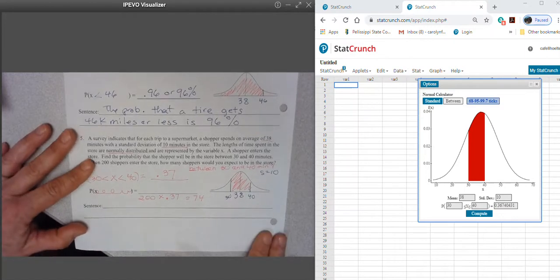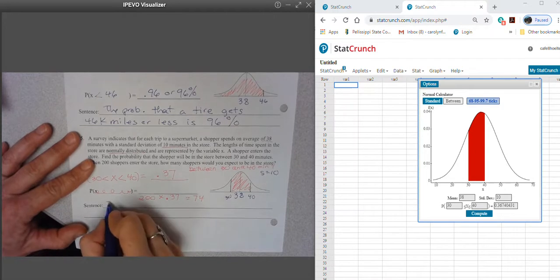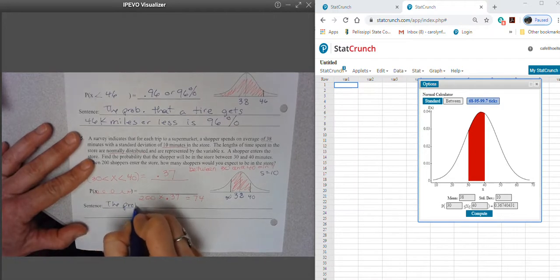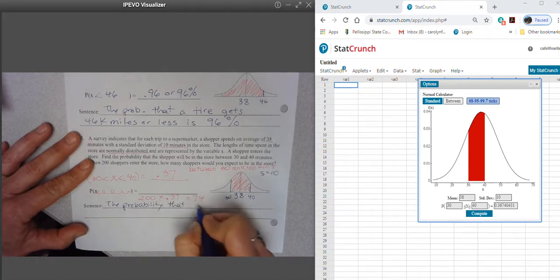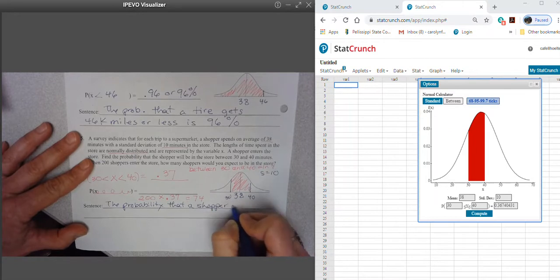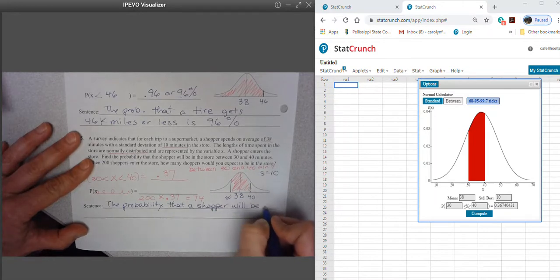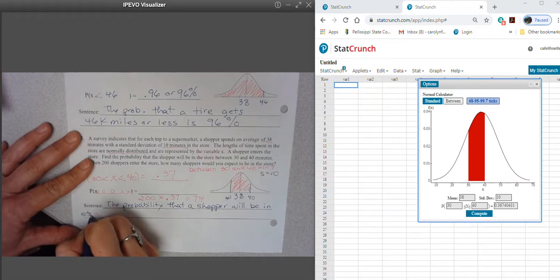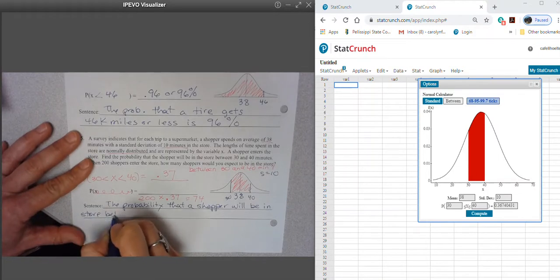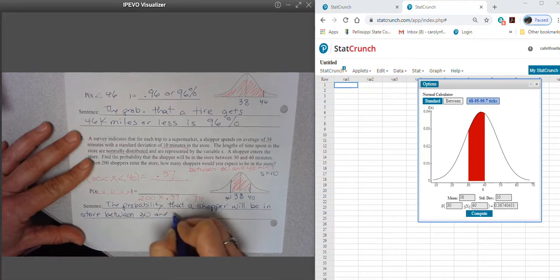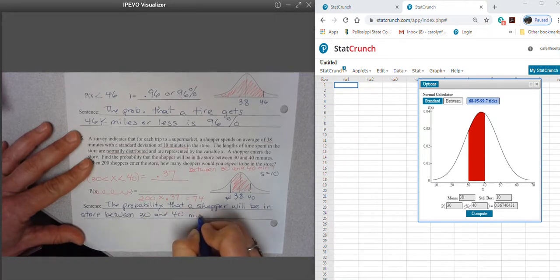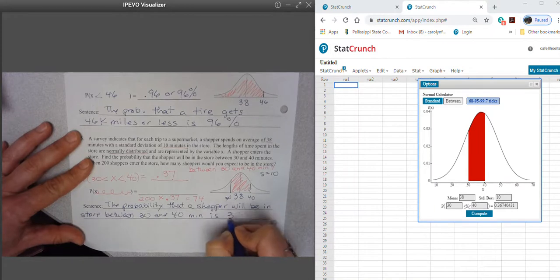So to answer the question, we would say, there's really two parts to this question. We would say the probability that a shopper, just one shopper, will be in the store between 30 and 40 minutes is 37%.